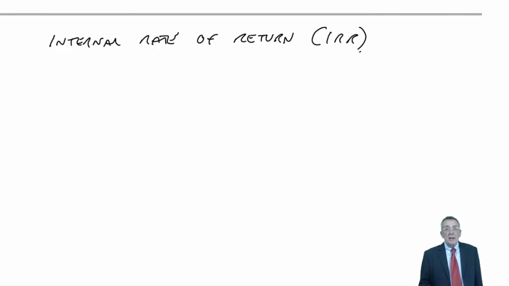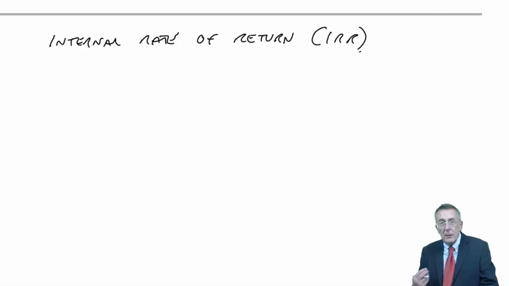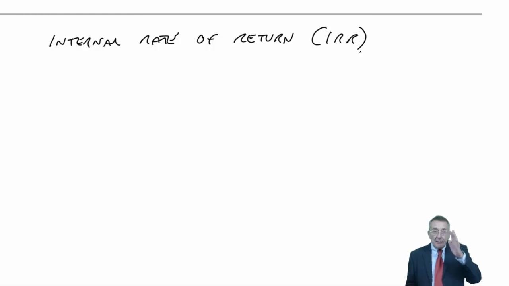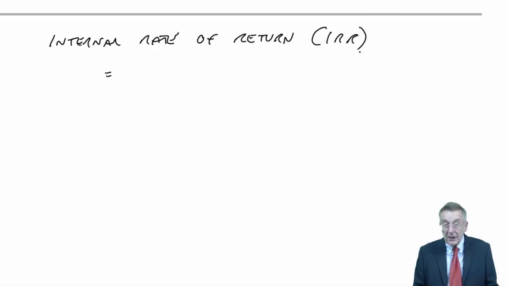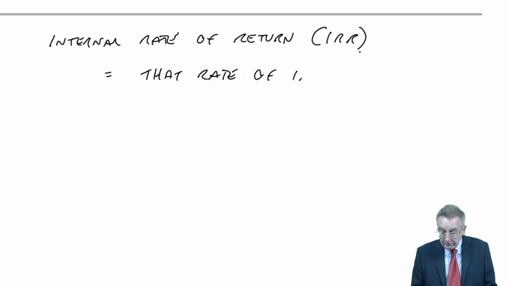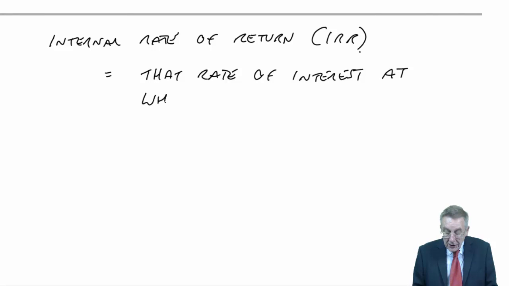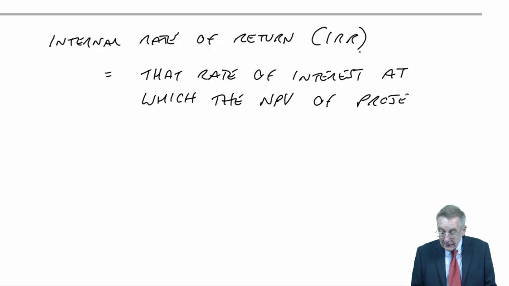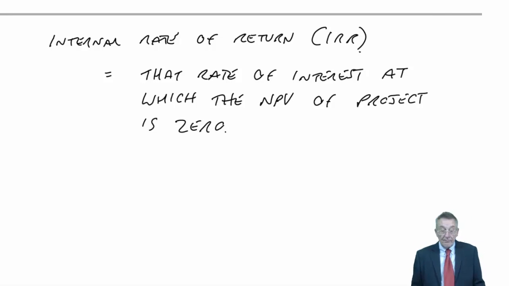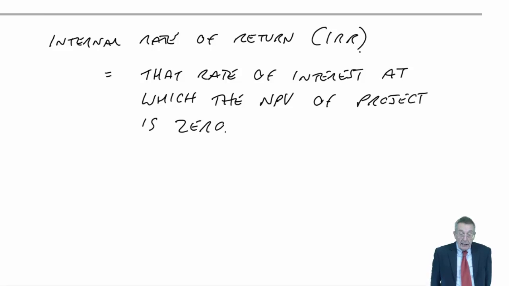Now, before we discuss how we use it, and I repeat in more detail what I was saying a minute ago, the only definition of the internal rate of return is that rate of interest at which the net present value of the project is 0. So that's what we're after here.